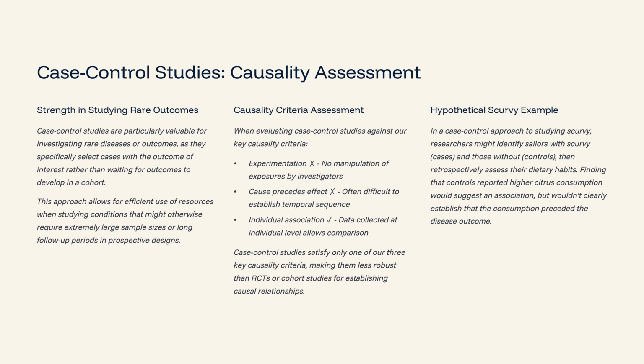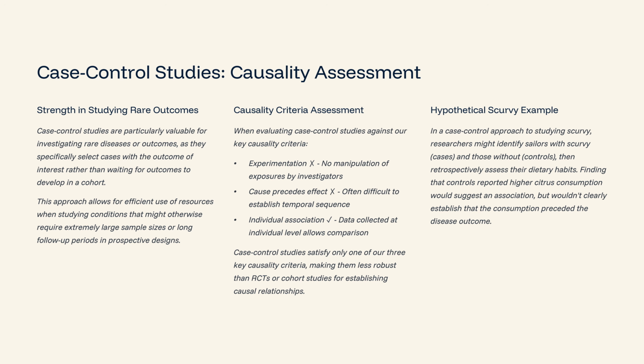So case control studies are much lower on the hierarchy of evidence because their ability to determine causality is really low. However, they're pretty useful for rare outcomes, okay? So investigating rare diseases or outcomes, they can specifically select those cases and then look back in time to give you some useful associations and data that you can work from, okay?